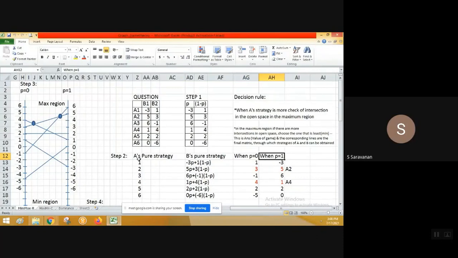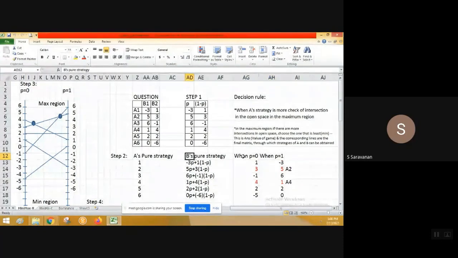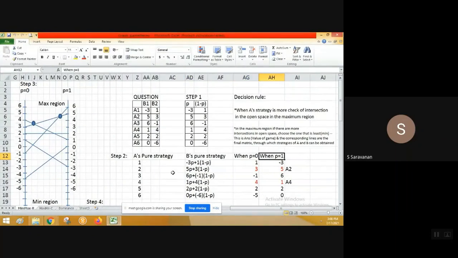First column is A's pure strategy, second column is B's pure strategy, third column is when P equals 0, and the fourth column is when P equals 1. A has 6 strategies, so I have listed 1, 2, 3, 4, 5 and 6.